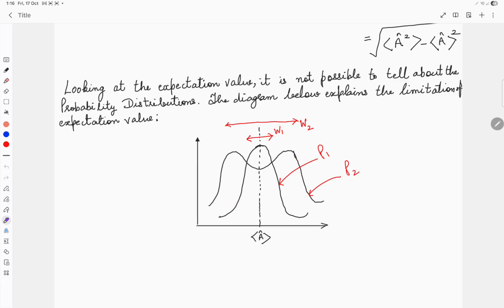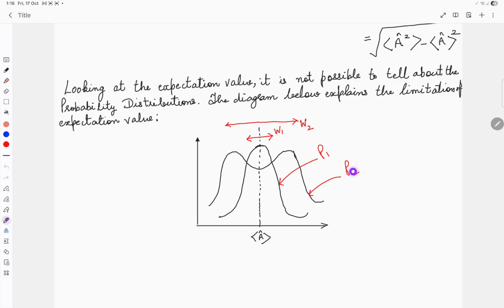Let me try to explain. See, this is a very interesting diagram in which you have two probability distributions. One is P1, the other is P2. Both the distributions have got the same expectation value, and it is given by this, the angle brackets with observable A, so this is the expectation value of A. So the expectation value of both the probability distributions is the same, but you see the width is different.